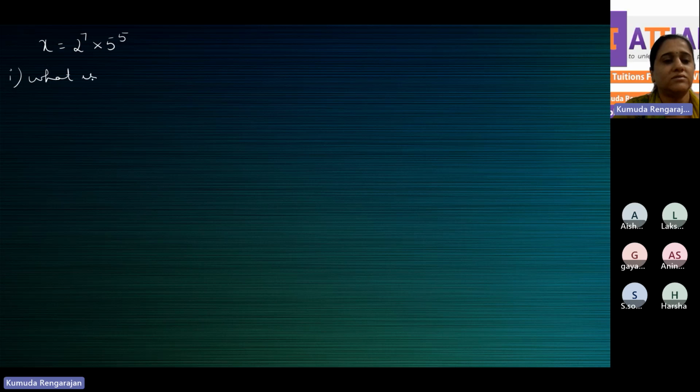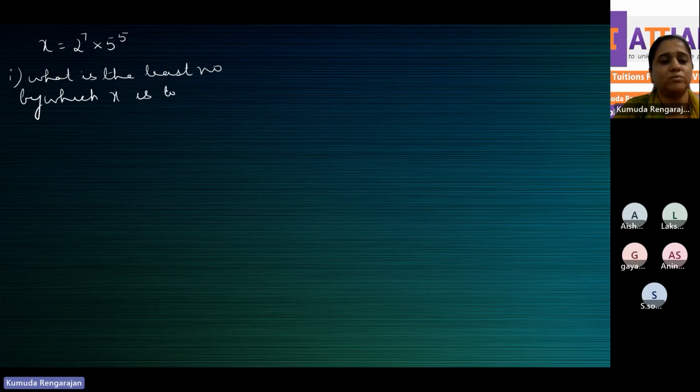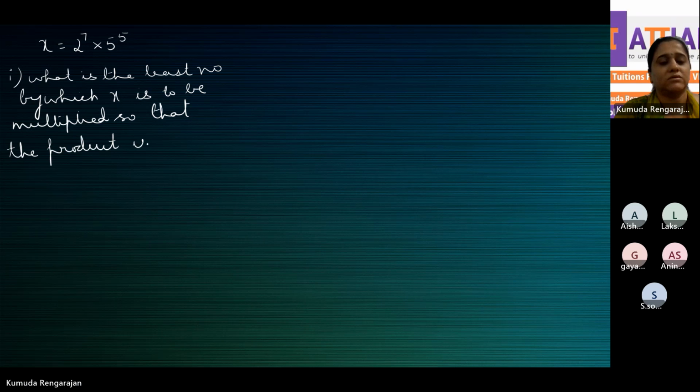What is the least number by which X is to be multiplied so that the product is a perfect square? Sorry, perfect square first.